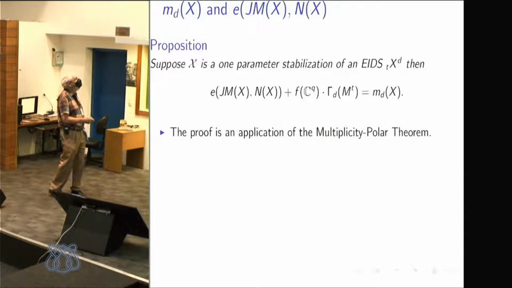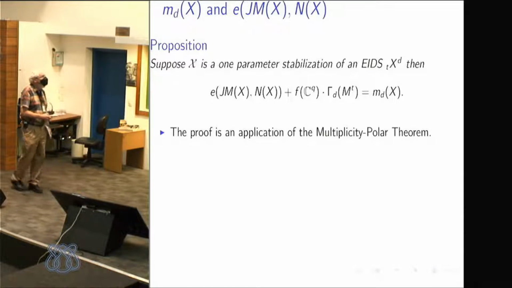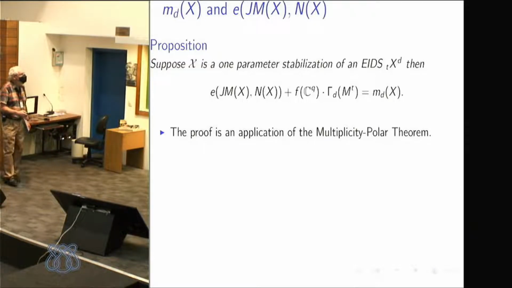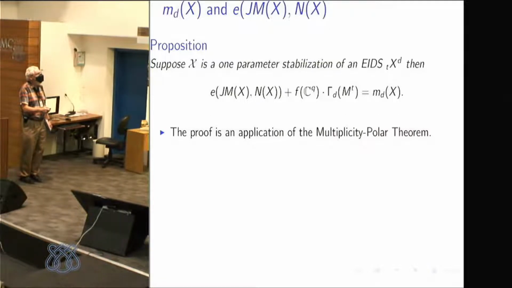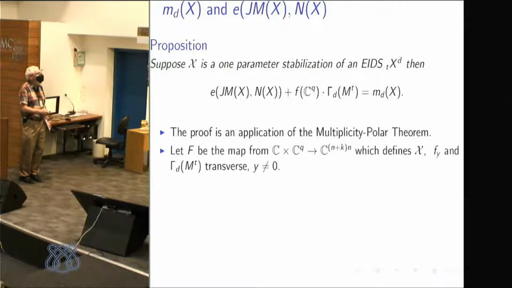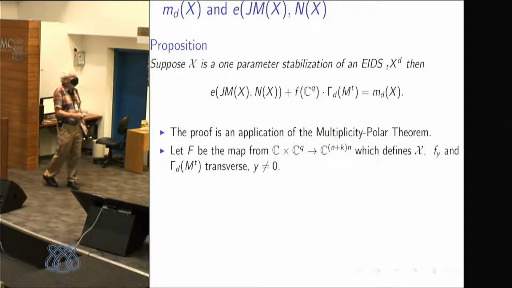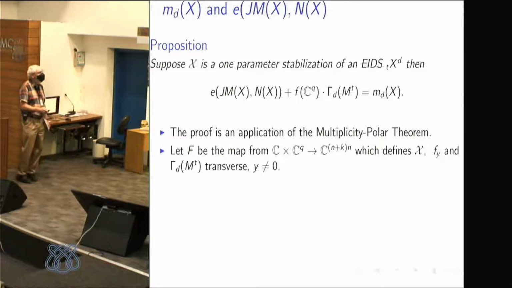Okay, so now we're ready to talk about one of our first main results. We would like to get our hands on MD. This is one of our goals from last time. We'd like to write MD in terms of invariants that we can compute from X itself. So we have the map which defines a stabilization where our pieces are transverse.